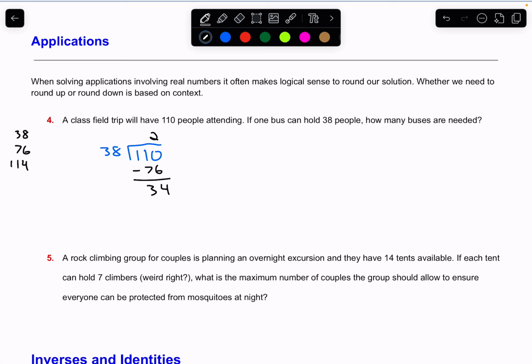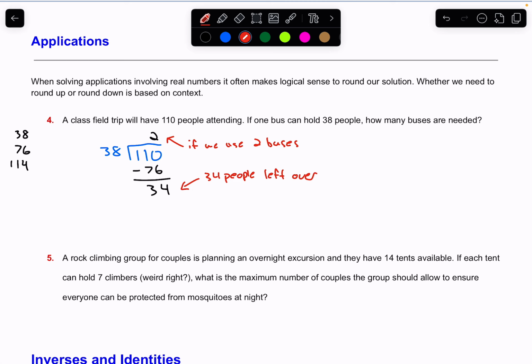So what this says is that if we rent 2 buses, then we will have 34 kids, or 34 people, I should say, because they might not be kids, they might be the adult chaperones. So 34 people left over.